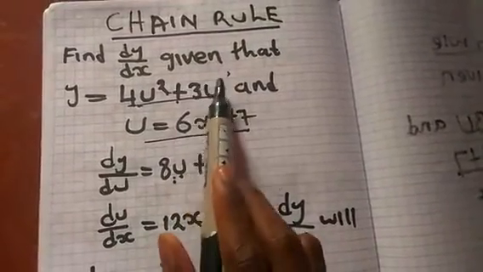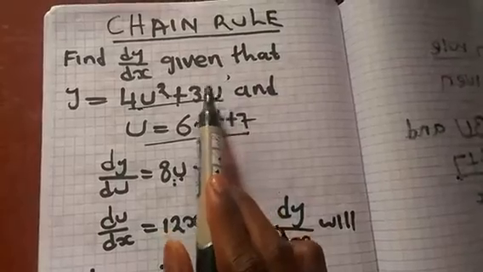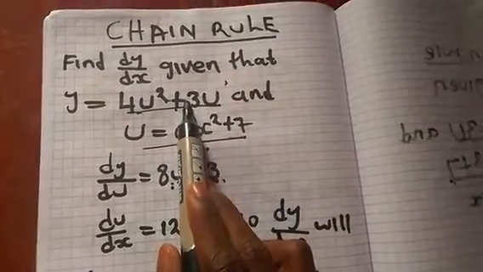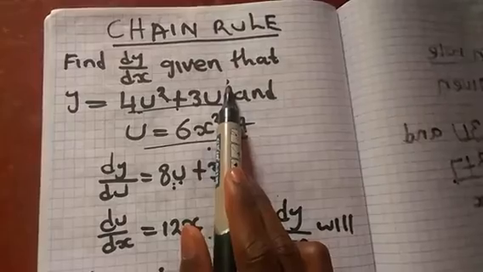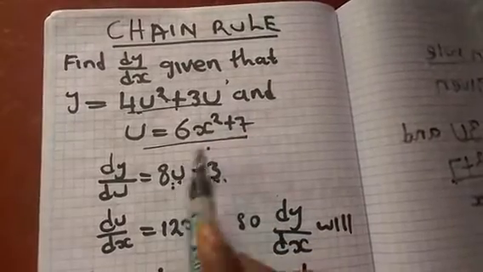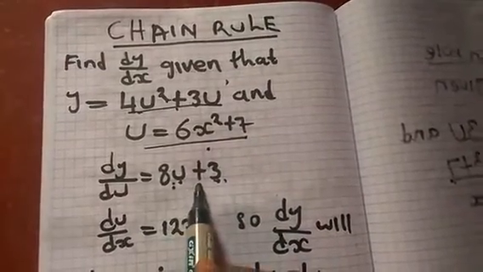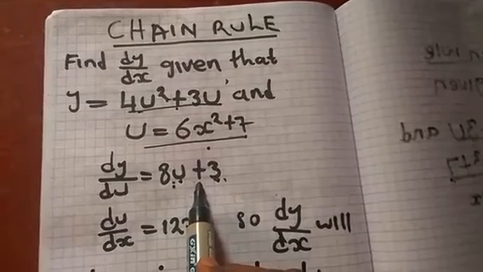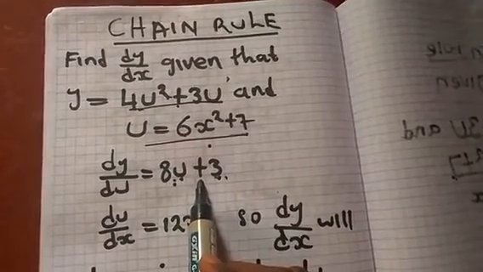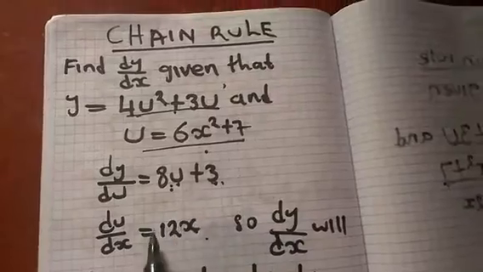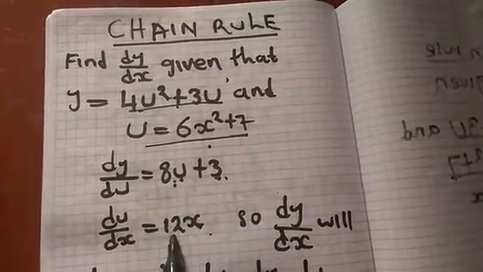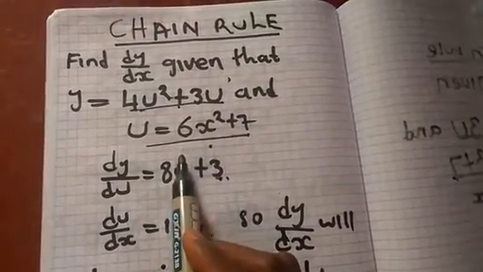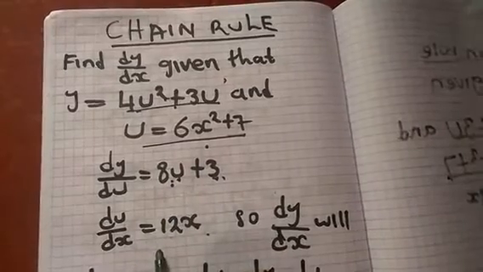Then for the 3u term, the power of u is 1, and 1 multiplied by 3 is 3. Then 1 minus 1 is 0, so u goes and we remain with 3. That is the derivative of the external function. Then the derivative of the internal function, that is du with respect to dx.